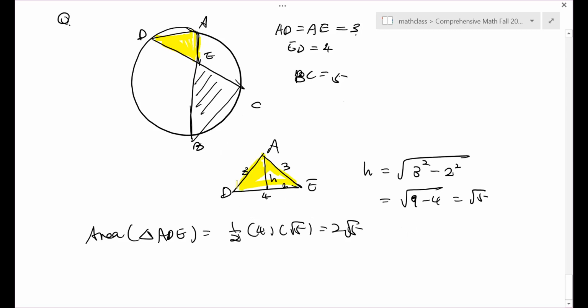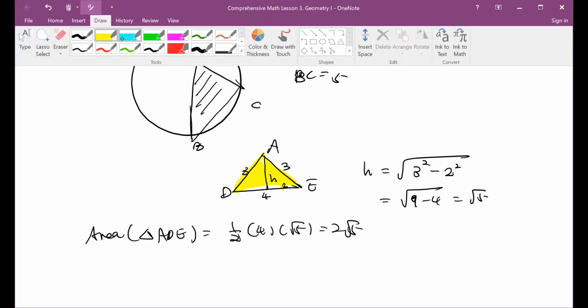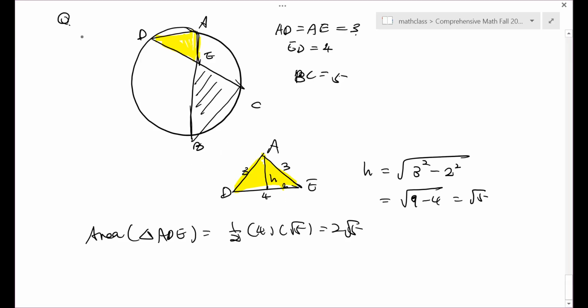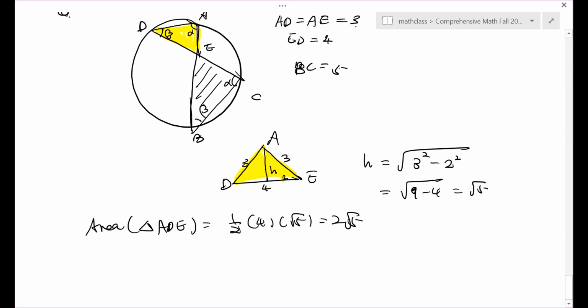Now, can you get the area of the larger triangle? Well, you have to say these two triangles are similar. The reason is, this angle is alpha, then that angle would be alpha, right? If this is beta, that angle is beta. So these two triangles are similar.